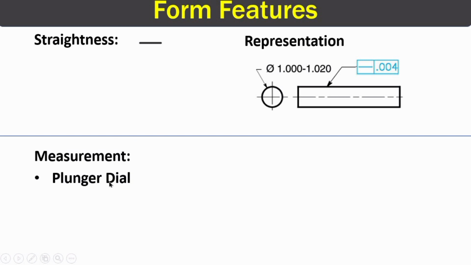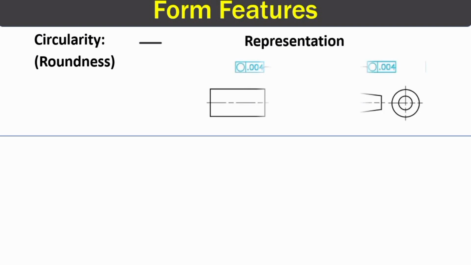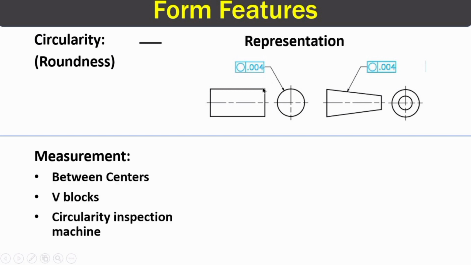Now moving on to our third feature, that is circularity. Circularity is also called roundness, and no MMC or LMC is applicable for circularity. Here the feature control frame shows the symbol of circularity along with the tolerance value, and it is attached to the surface via the extension line. There are many methods of measuring circularity.